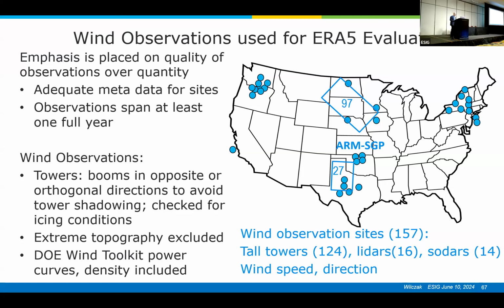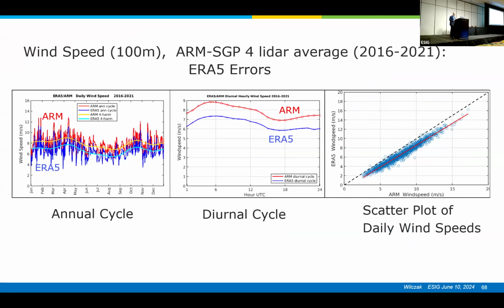We checked for icing conditions. Some sites within extreme topography, like the Columbia River Gorge that Justin talked about, I excluded because I knew the ERA5 wouldn't do well there. And then we used the wind toolkit power curves to convert the hourly wind speeds to wind power and included density. I'll talk a little bit more next about the RMSGP data in the center there.